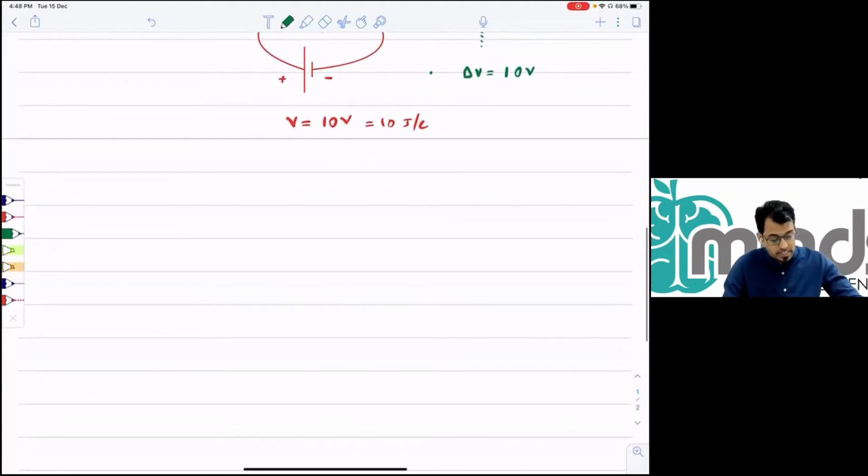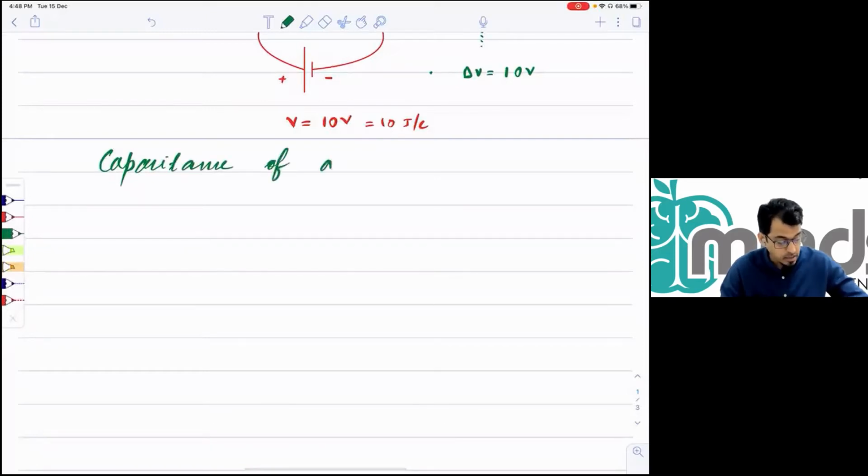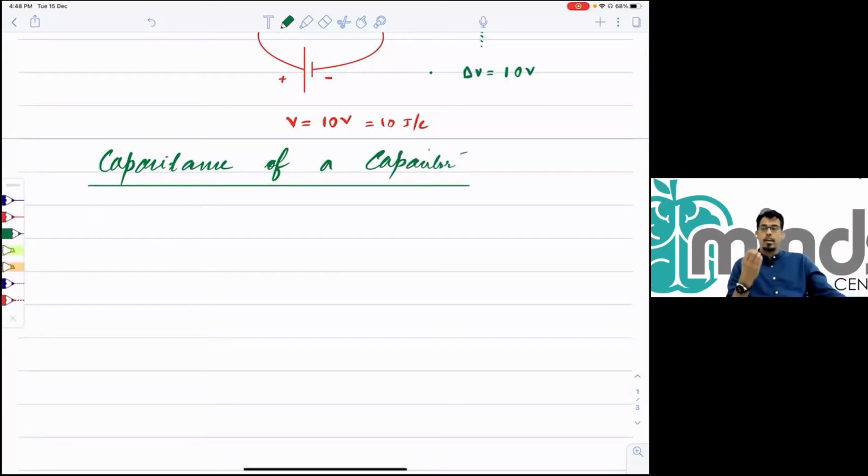Now, related to capacitor, there is a concept which is known as capacitance of a capacitor. I hope one thing all of you must be getting, that when a capacitor receives charge, the potential difference between the plates increases, right?